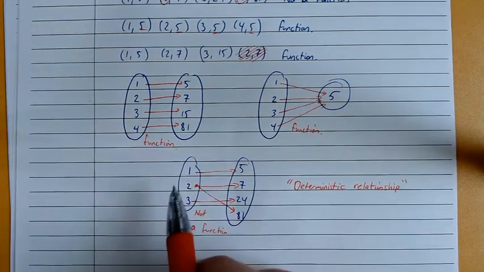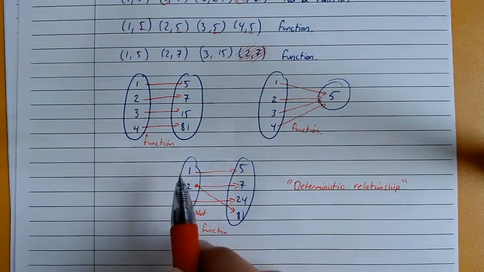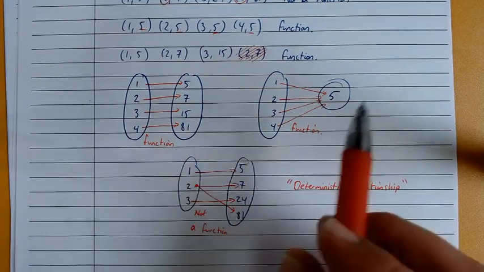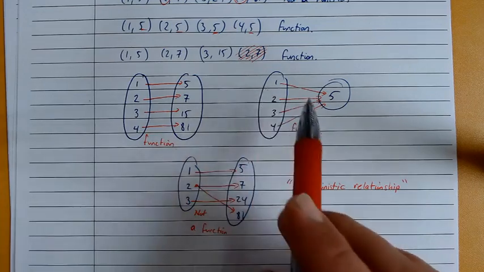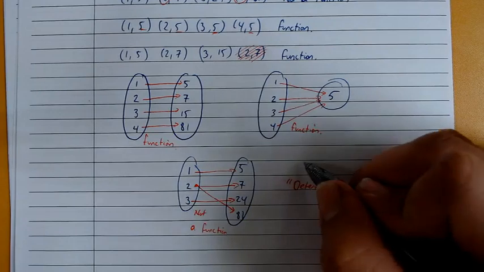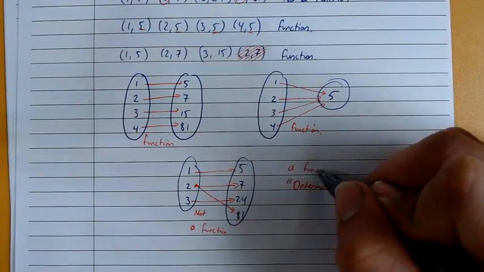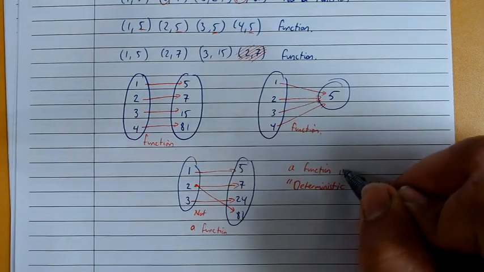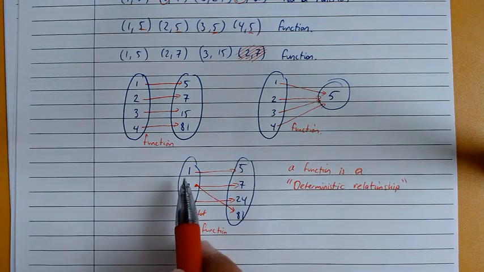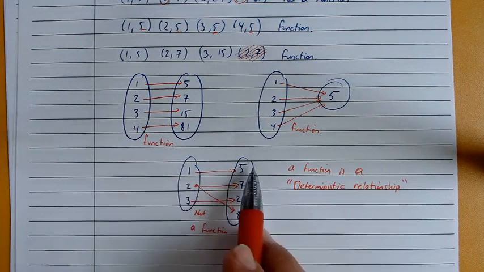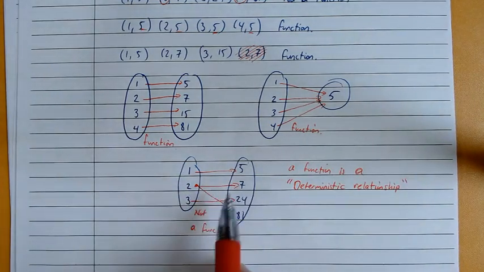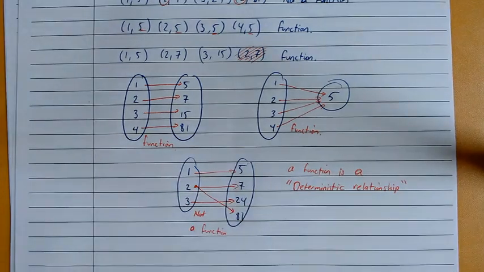Meaning, once I know what x is, that automatically determines what y is. There's no guesswork, there's no choice. It is the one and only possible answer. That is a function. A function is a deterministic relationship. Over here, it's not fully deterministic. If x is 1, you know for a fact y is 5. But if x is 2, we're not sure. And that's what prevents this from being a function.